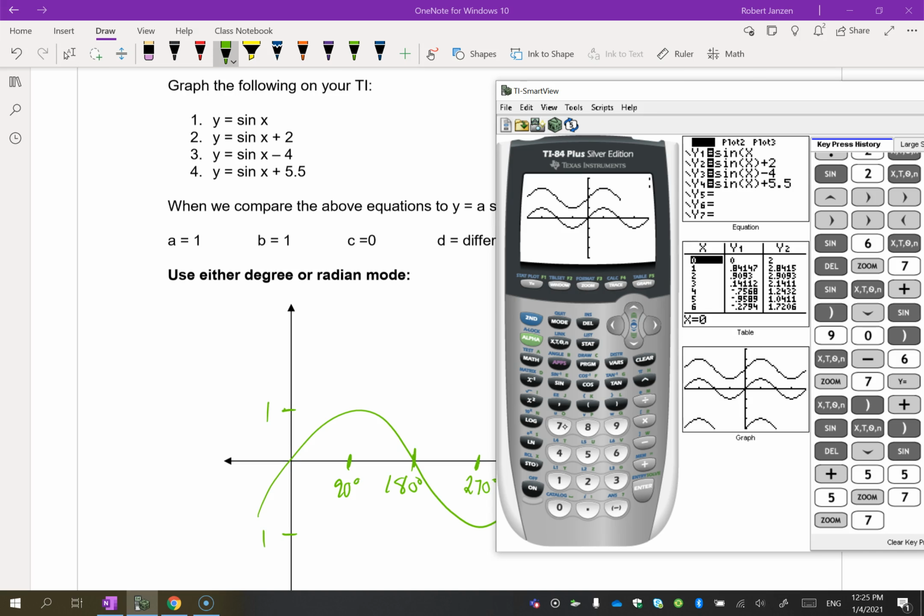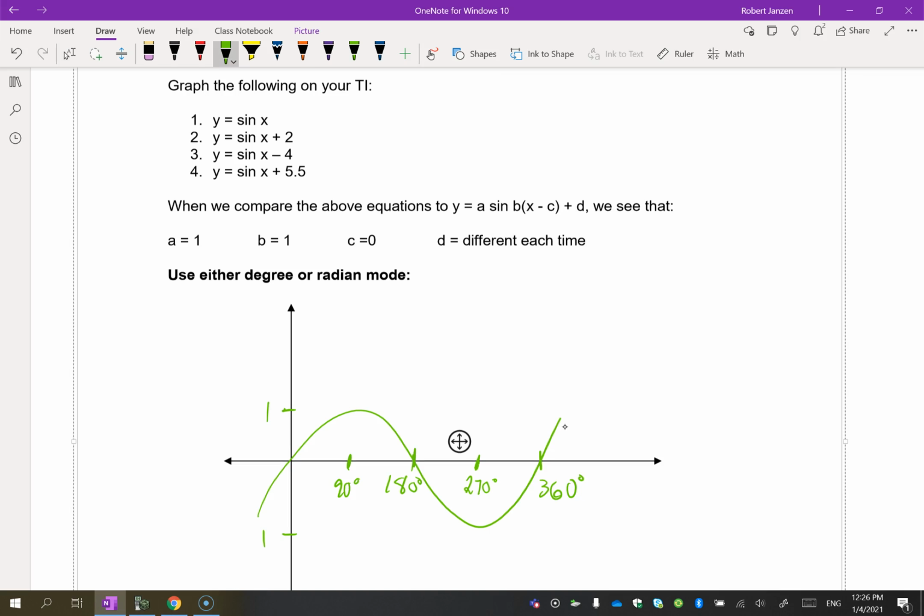Hey, look at that. What's happened to the graph? You can see that this time the amplitude is the same, period is the same, but what has happened? Well, in this case, the graph has moved up 2 units. So we're going to take all of our points and move them up 2. Again, which points are we going to take? These 5. They're kind of like the important points.